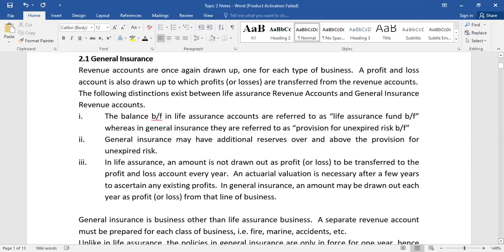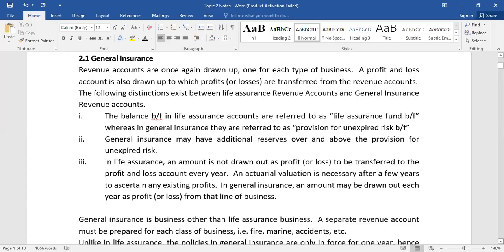So we start. We are drawing the revenue account, and we have the profit and loss account. I want to take you through the major differences that exist between general insurance and life insurance. One of the differences is the balance brought forward.